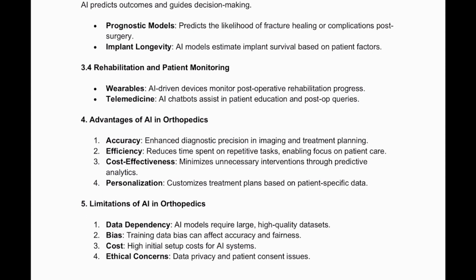Then you just need to mention the advantages of AI in orthopedics, which include accuracy, efficiency, cost effectiveness, and personalization, so that we can customize all the treatments according to the patient. And then you need to mention the limitations of AI: it is data dependent, there is a certain bias which can be introduced, there is high initial setup cost, and of course there are ethical concerns.